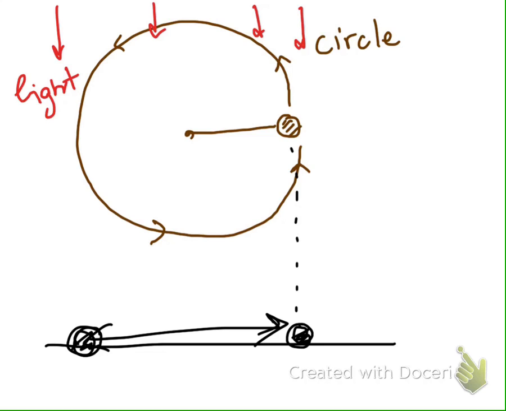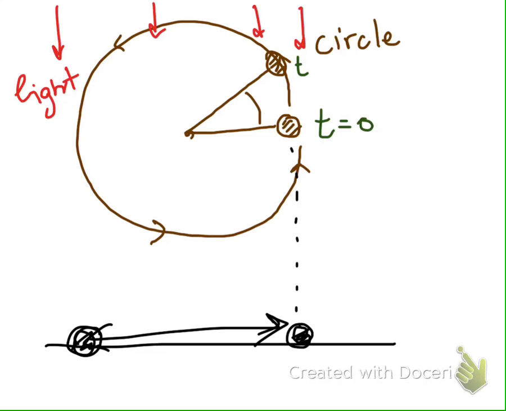If at time equal to 0, okay, if I say that at t equal to 0, the object is here, and at some time t, the object is here, and it makes some angle here.